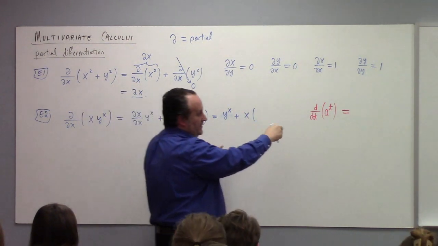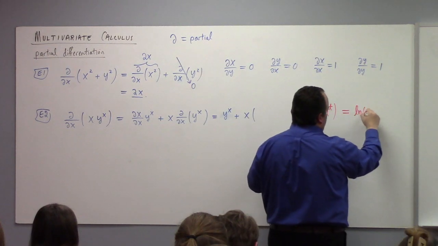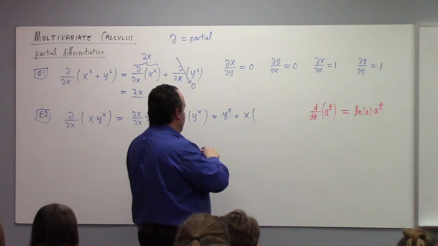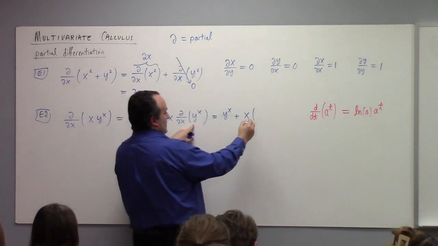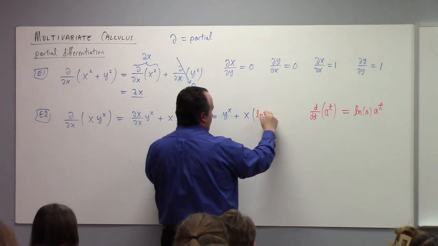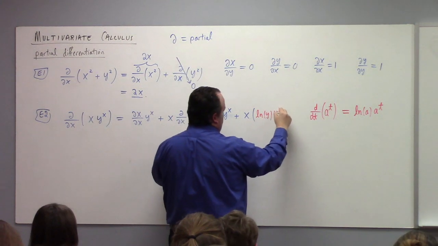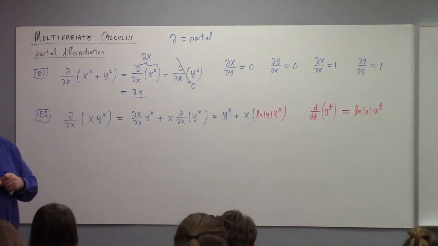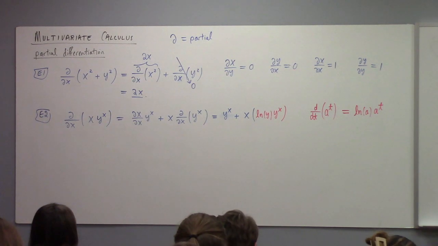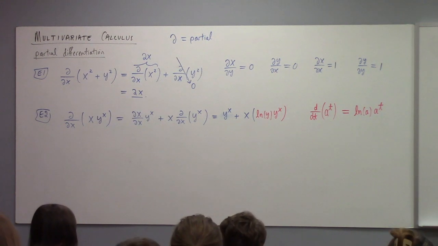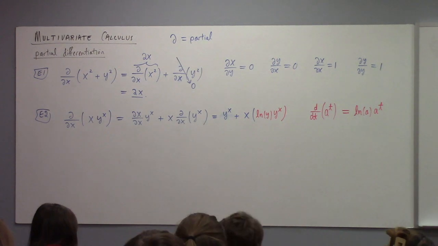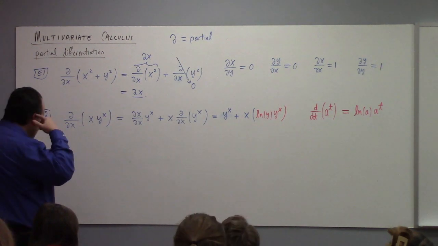Just like this gives me natural log of a times a to the t, over here I get natural log of y times y to the x, because it's an exponential function. So partial differentiation with respect to x means we're varying x, holding all the other variables fixed. That's the way this works.